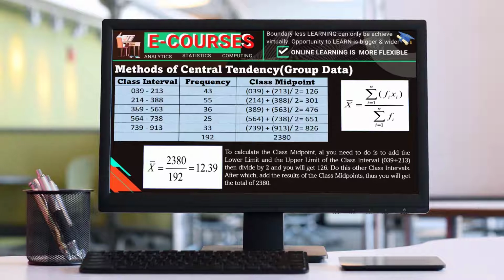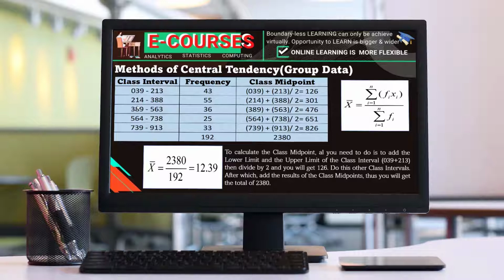Okay, so first thing to do is to calculate the class midpoint. Okay, class midpoint is symbolized by the letter X or letter M. Okay, to do that or to calculate the class midpoint, all you need to do is to add the class interval.